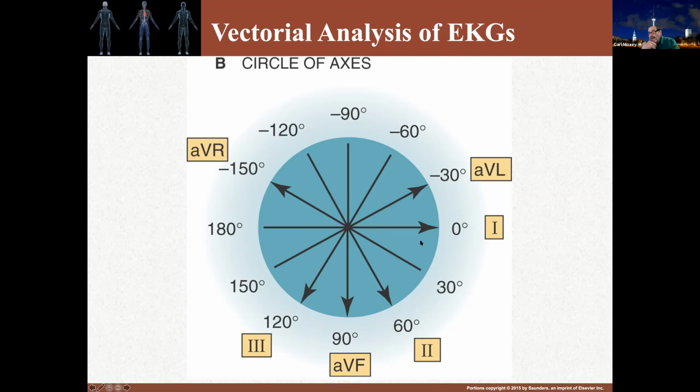Canonically, if you go this way, it's a positive angle, but if you go counterclockwise, then it's a negative angle. So we designate this as minus 150 rather than plus 210. Sorry, 210. This would be 240 up here. AVL, the axis for AVL going to the left arm, is minus 30 degrees. And the axis for AVF is directly downwards, namely positive 90 degrees.